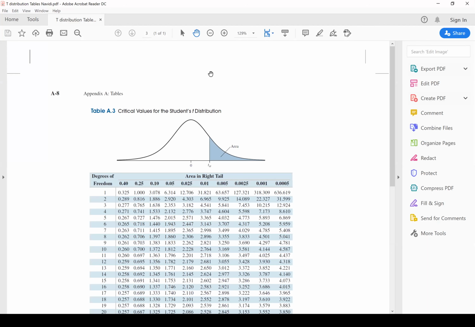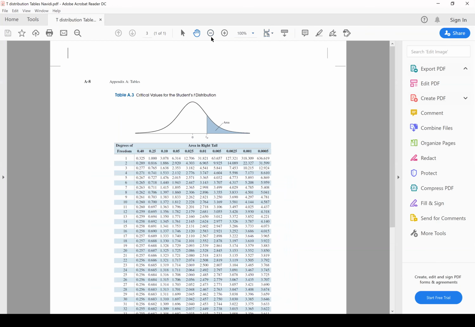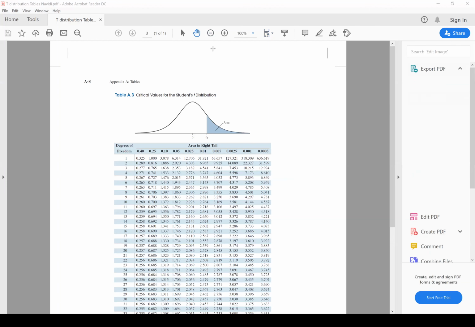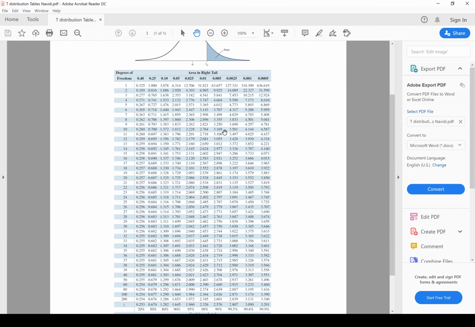98%. So again, your 98% is the same as before, your 98% is right here. We go down, and my 98% is this column. And now what is your degree of freedom?